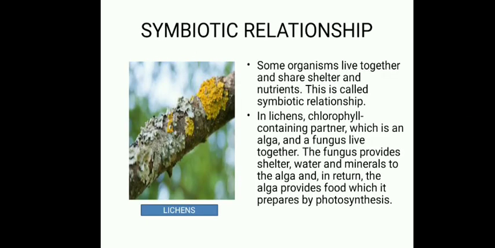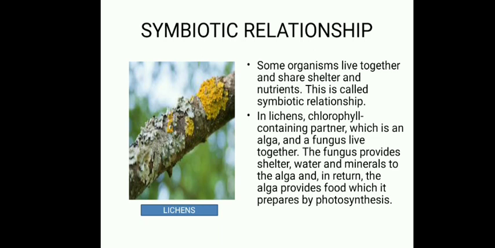Now we come to the symbiotic relationship, in which two organisms live together and share shelter and nutrients. In this diagram you can see algae and fungi living together, which is called lichens. In lichens, a chlorophyll-containing partner, which is an alga, and a fungus live together.